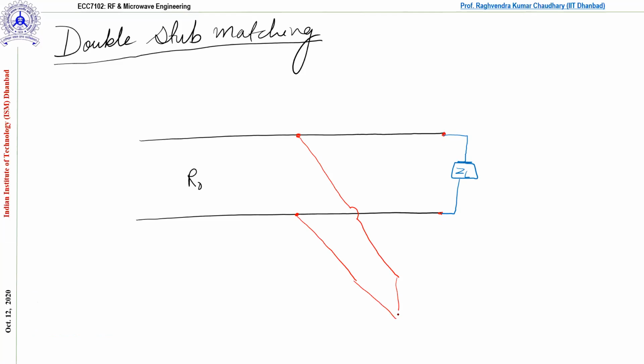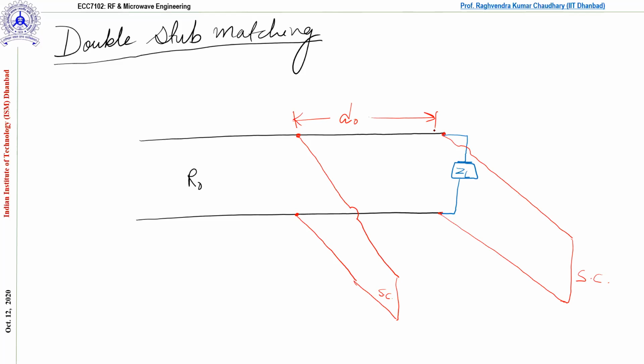Now let us connect the stubs here. We are going to do a short circuit here, and similarly here also, this is also a short circuit. Between these two stubs we are keeping a fixed distance, which is d naught.